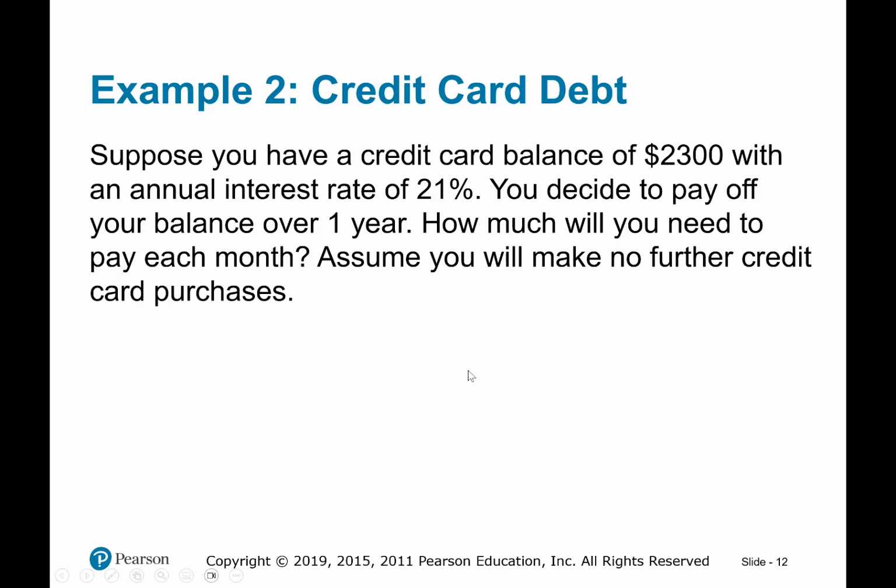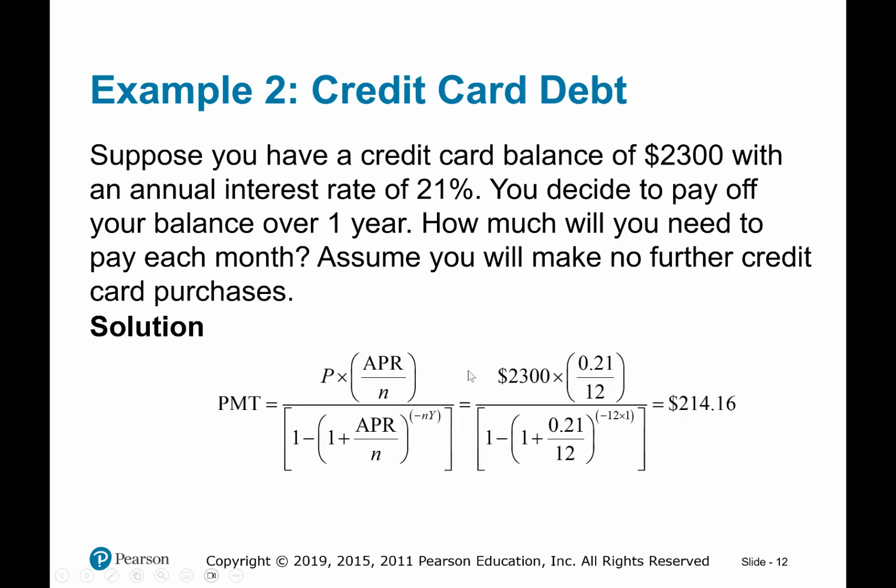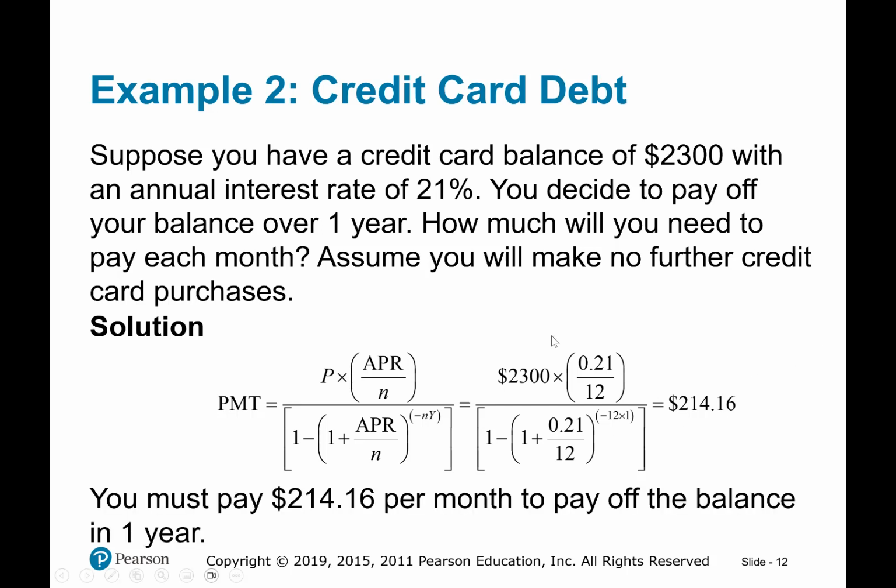So in this case, we're going to use the payment formula for installment loans, because that's the way we're treating it. So our monthly payment would have to be $214.16 to pay it off in 12 months. Okay, so basically $215 a month.